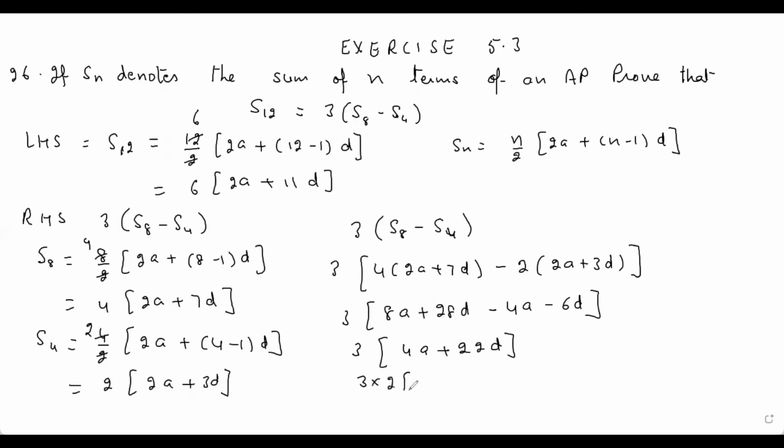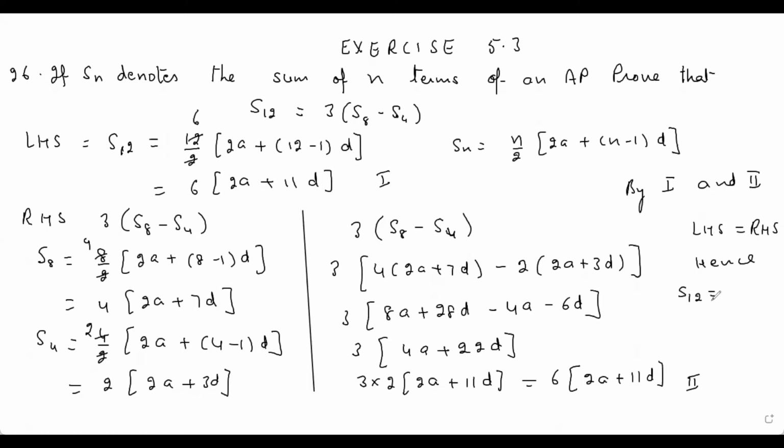This is equal to 2a plus 11d. This is equal to 6, 2a plus 11d. Now this is 1, this is 2. 1 and 2 are the same. Left hand side is equal to right hand side. Hence S12 is equal to 3 times S8 minus S4.